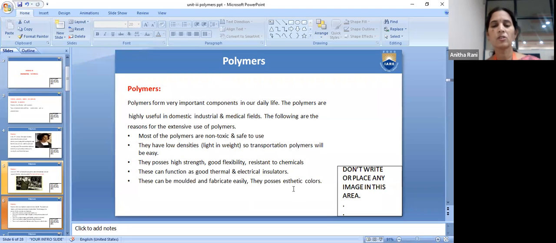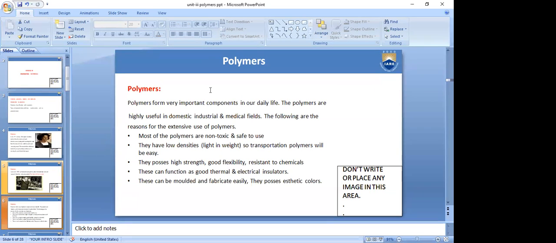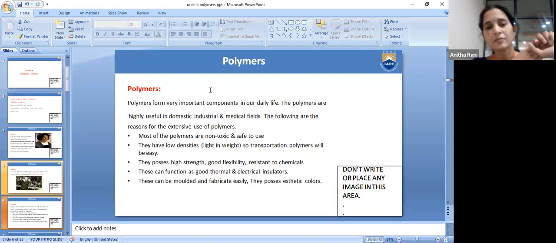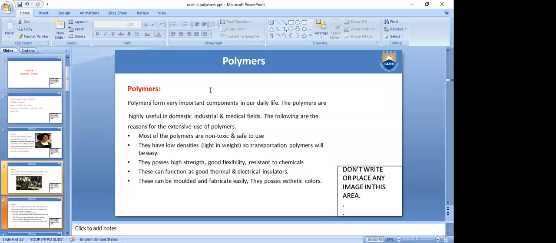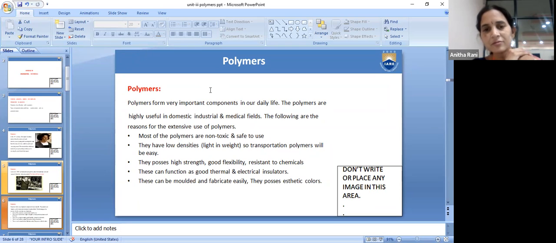When you go to the shop, I don't know whether you will see the quality of the plastic or not. Maybe by looking at the color, some people will buy. Yes or no, students? When you go to the shop, what will you do? Quality we will see. Or you will see the color and buy? Color only, ma'am.